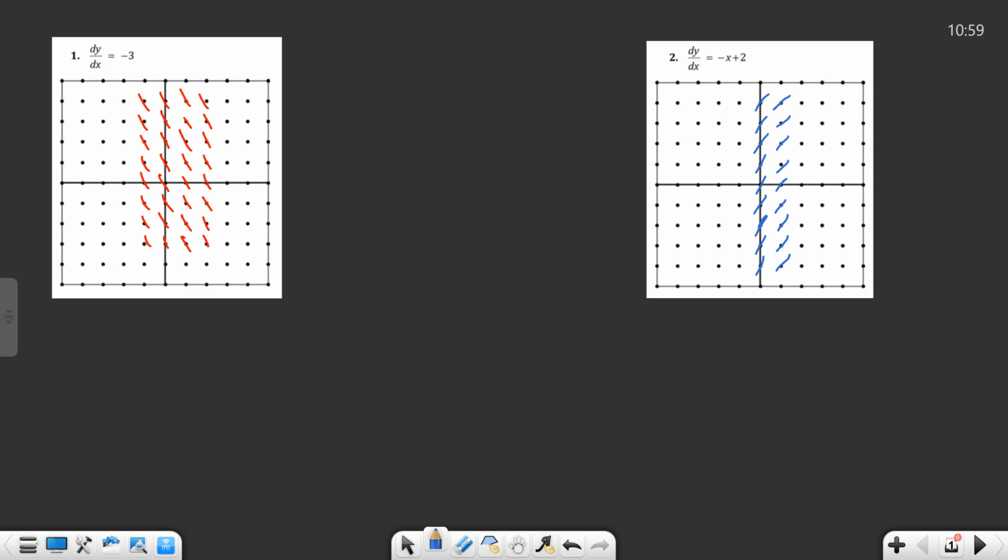What if x is 2? 0, also known as a horizontal line. What about when x is 3? Negative 1. And we'll do one more. What about when x is 4? Negative 2.